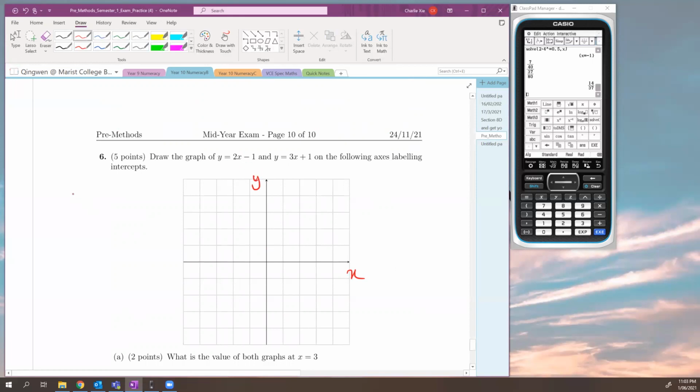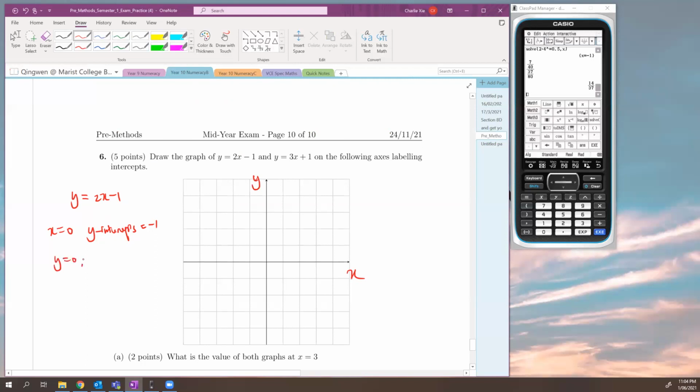So have a look at the first equation, y is equal to 2x minus 1. By letting x is equal to 0, the y-intercept is equal to -1. Okay, and also that's in y equals mx plus c form. We know that this c, -1, has to be the y-intercept. So you can just literally write it from the equation.